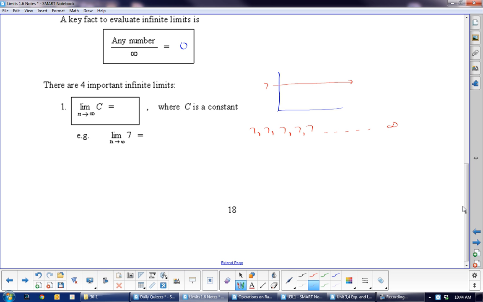It would be 7. So when your limit is a constant, when you go to infinity, I guarantee you it is still that constant. So the limit as n goes to infinity of 7, I should have put T infinity here, would equal 7.